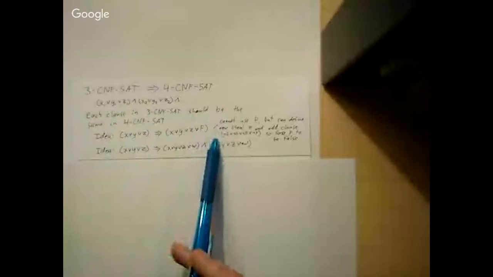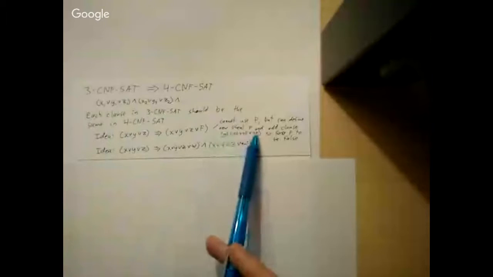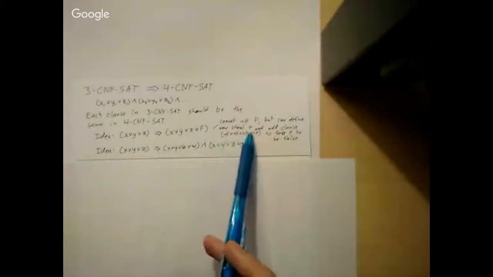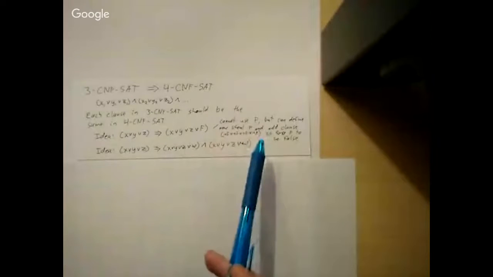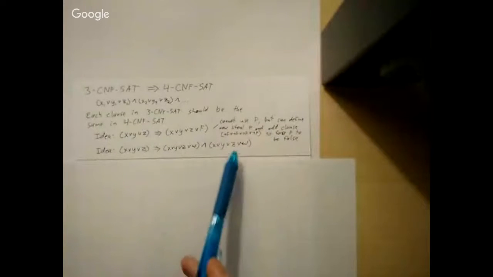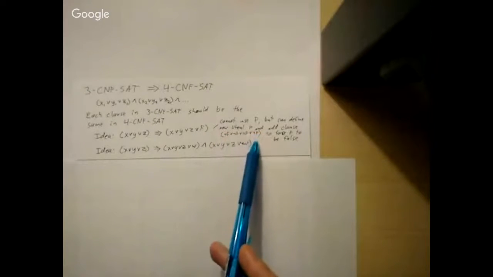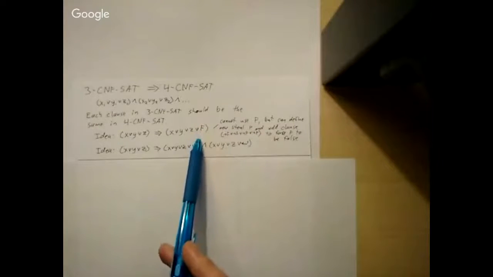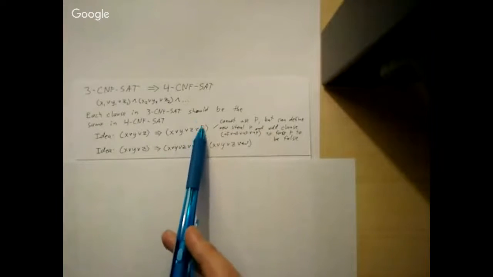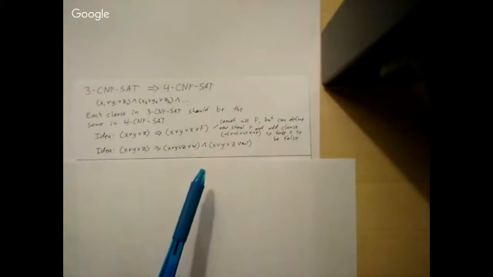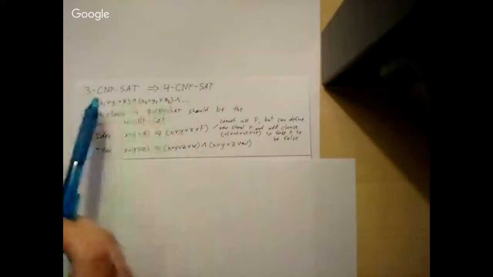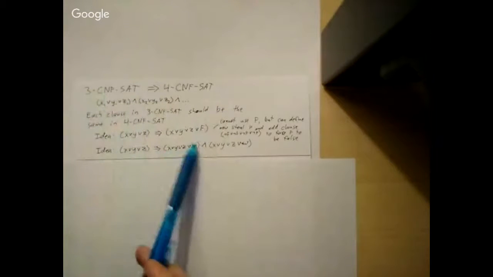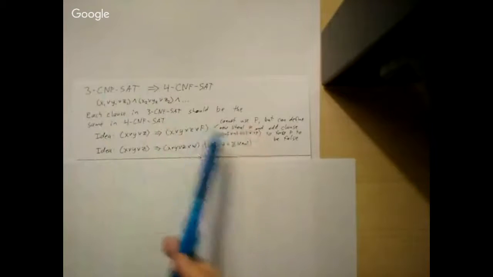Then you just add one new clause that is the OR of not F four times. If this has to be satisfiable, then not F has to be true, so F has to be false. What I really like about this is that if your 3CNF is really long, you don't have to change all of them. You're just adding one new clause.